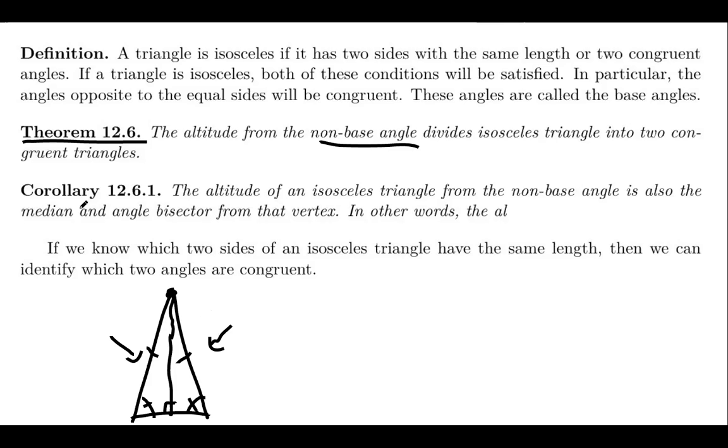Looks like this one got cut off a little bit, but it's basically saying that the altitude that we're talking about here is also the median and the angle bisector from the vertex. So that means that it bisects this angle here, and it's the median. So these two segments that are formed here are also congruent. And if we know that two sides are the same length in the triangle, we can also tell which two angles are congruent.